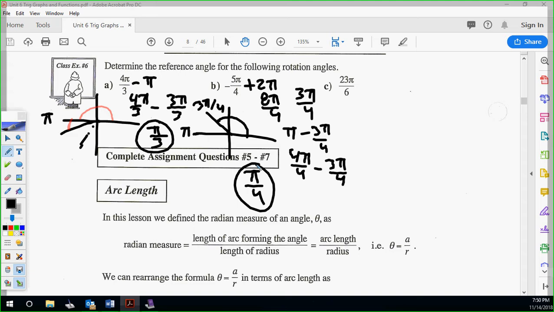Okay, 23 pi over 6. That's bigger than 2 pi, because 23 over 6 is bigger than 2. So we need to subtract 2 pi until we get into our normal range of 0 to 2 pi.